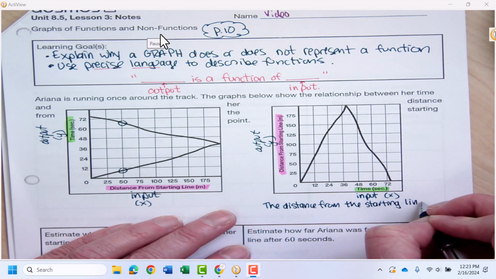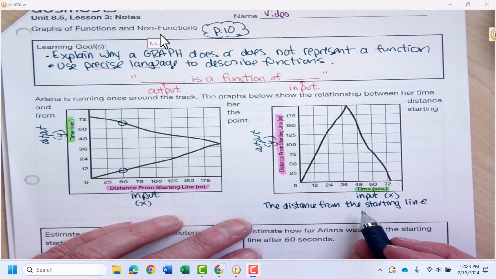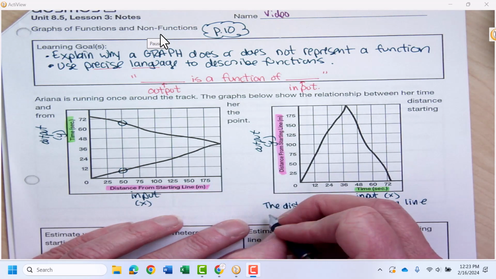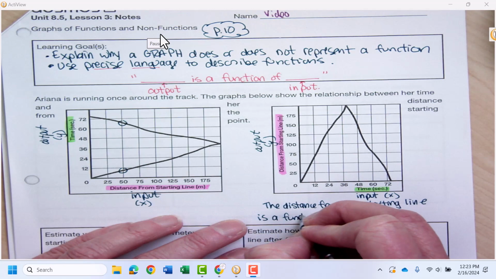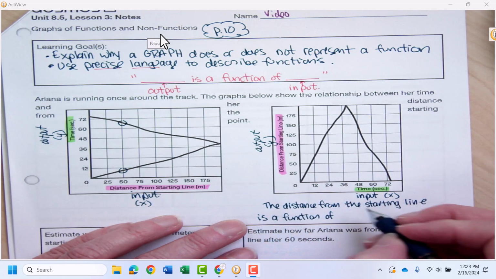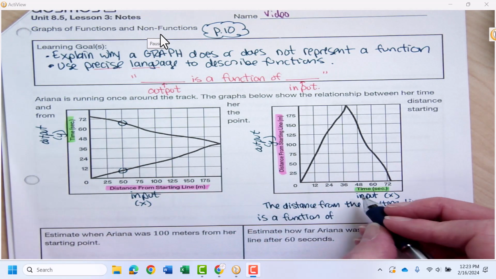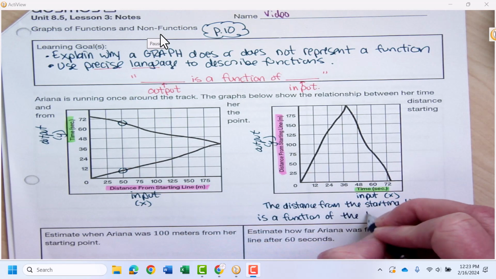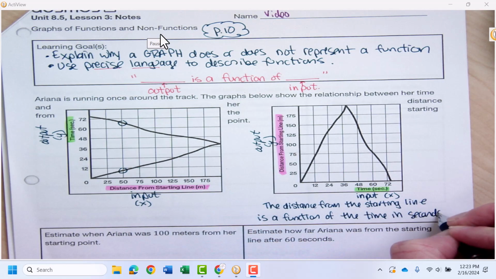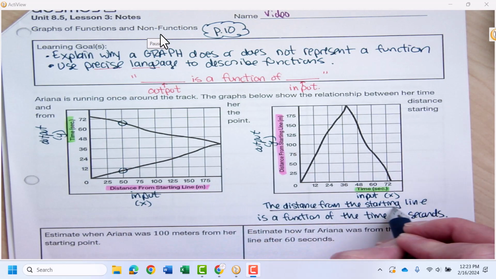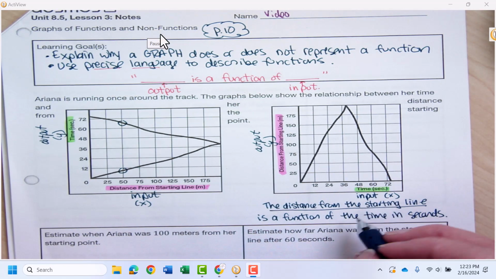The distance from the starting line, that's the output, is a function of, and then I'm going to say the input, the time in seconds. That was the output.